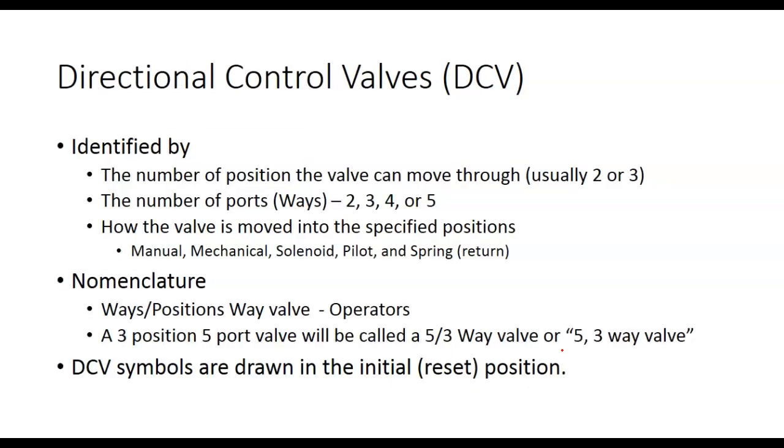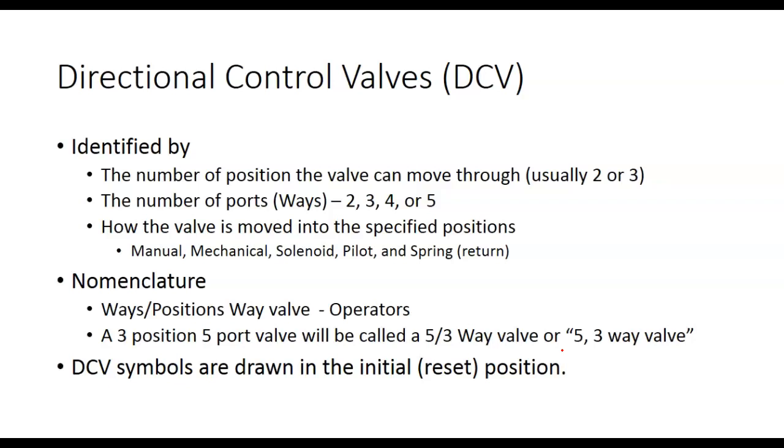Directional control valves. Cylinders are pretty easy to understand. Directional control valves are identified by the number of positions the valve can be moved through, usually 2 or 3. I've never seen one with more than 3. 2 is very, very standard. The number of ports, we refer to those as ways.